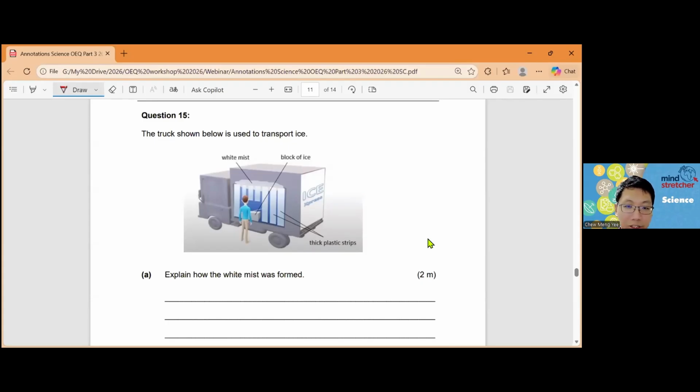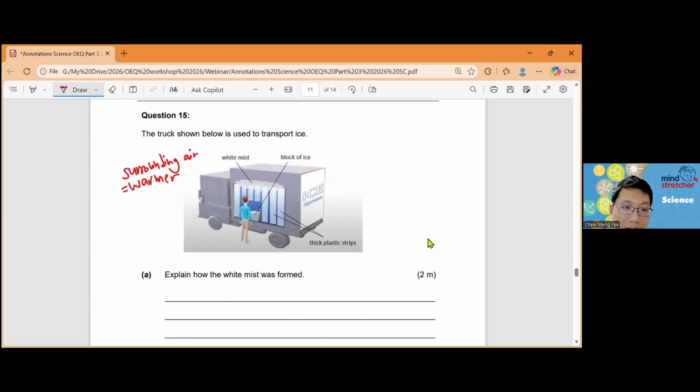If you imagine this as the freezer in your house, where there's ice, then the warmer surface must be the surrounding air. So when we write our condensation answer, it must be this warmer surrounding air that loses heat and condenses.